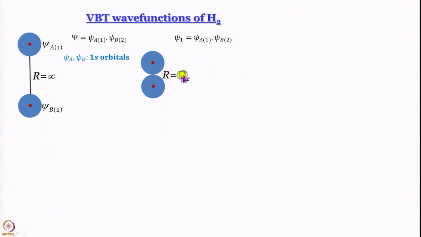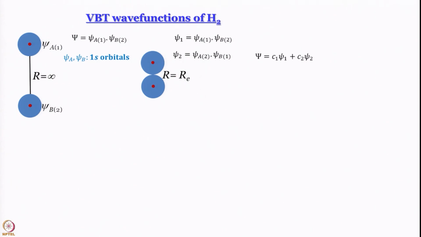The other possibility is that electron number 2 might reside in the 1s orbital of atom B, and electron number 1 might reside in the 1s orbital of atom A. That is the second possibility, and that would be the second term, psi 2, that would contribute to the wave function: psi A2 psi B1.